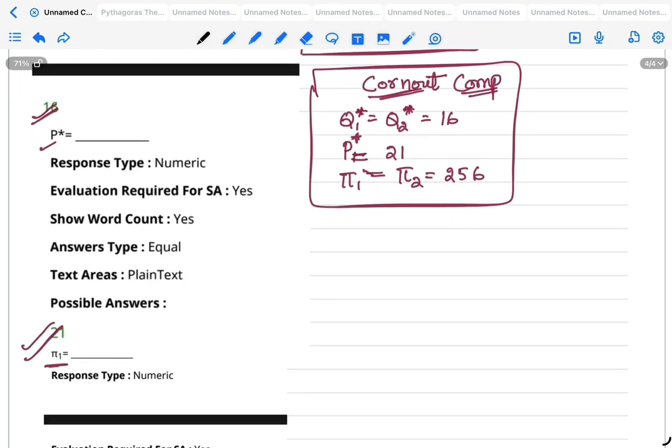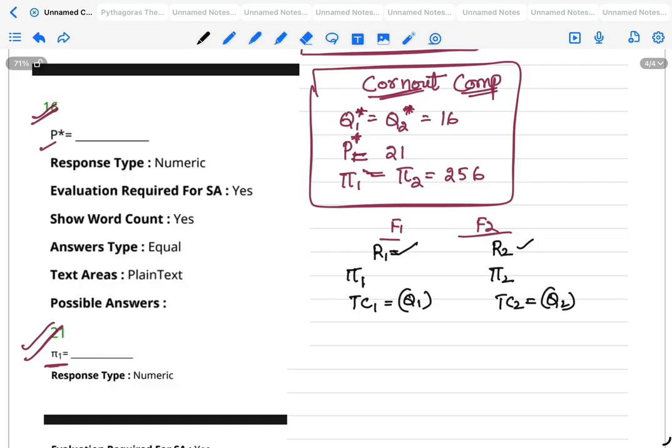First there are two firms, that is duopoly. For firm 1 and firm 2, first they give or we find the revenue R1 and R2, and we find the profit pi 1 and pi 2, and total cost TC1 in terms of Q1, total cost TC2 in terms of Q2, right? So pi 1 equals revenue R1 minus TC1, pi 2 equals R2 minus TC2, and there are two equations.